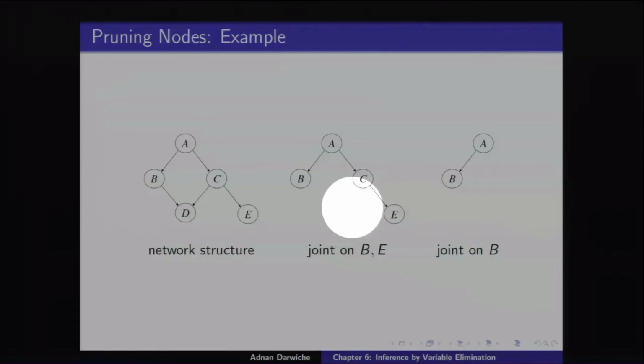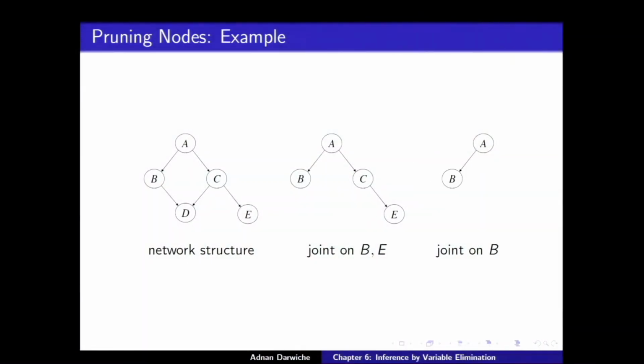And you can imagine, you can design things where you can make a huge difference in tree width before and after. Well, now I'm going further. I say, no, all I want is the marginal over B. What can you do in this case? You can throw this, throw this, throw this out. This network is good enough to compute that marginal. Guess the other part.